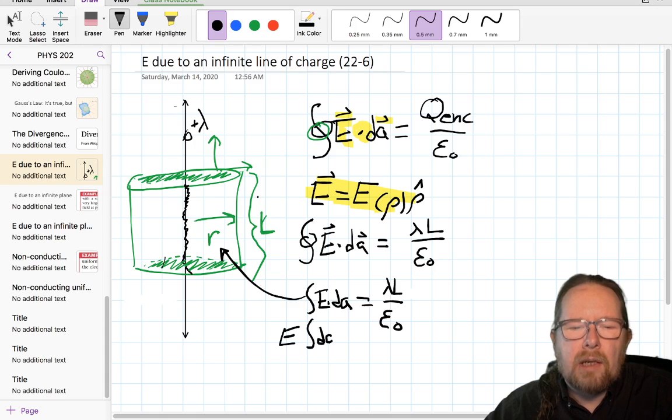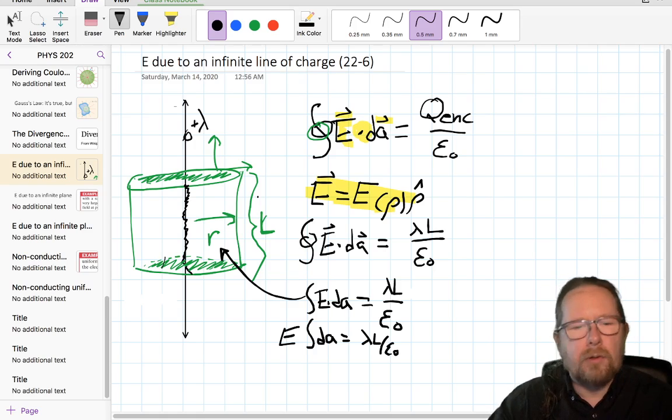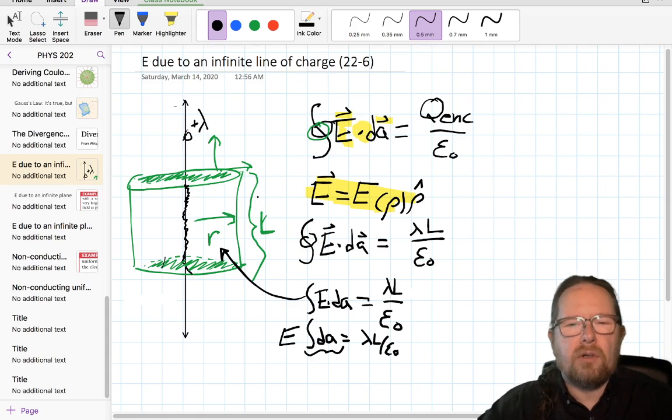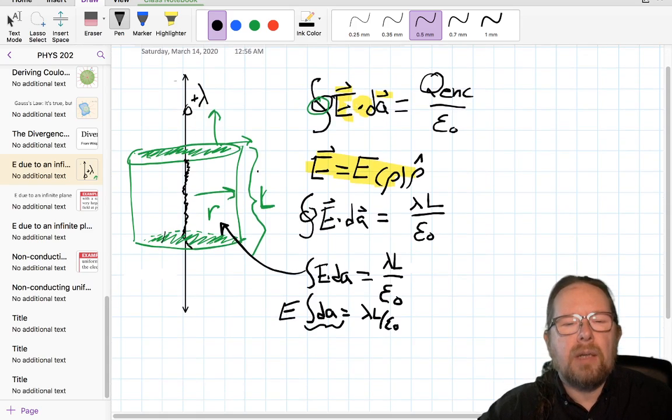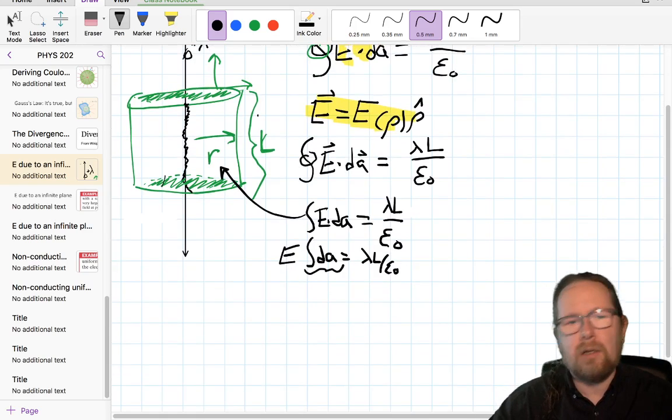So we've got the integral of E times the integral of dA is equal to lambda L over epsilon 0. And the integral of dA over the surface of the cylinder is just the area of the cylinder. We don't even need to integrate anything because the electric field is constant. That's why we chose that particular surface.